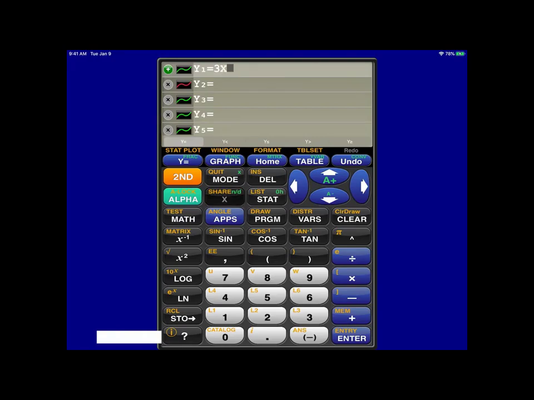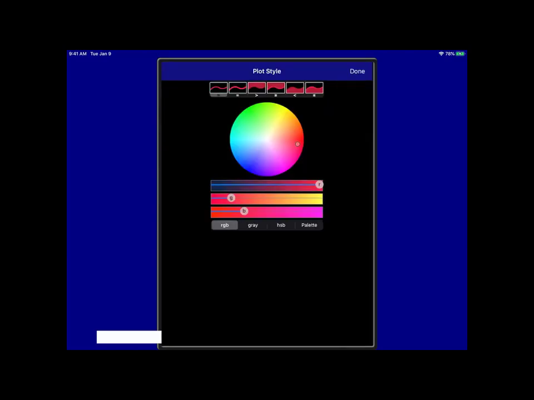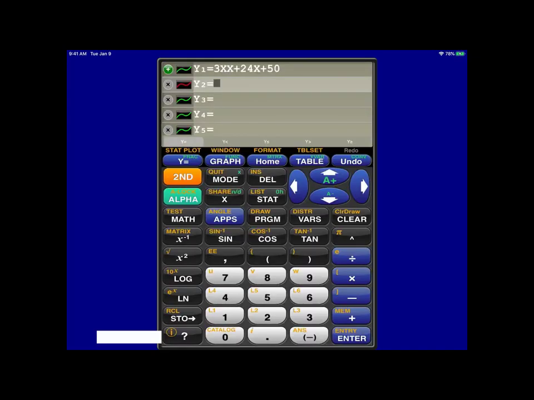So just use that one. Use it twice, because x times x is x squared. Plus 24x plus 50. And I changed it to be green. If you go down, you can click on that and change it to whatever color you want. I just picked a different color that's super obvious, and it's kind of cool because you can see the inequalities in different colors.